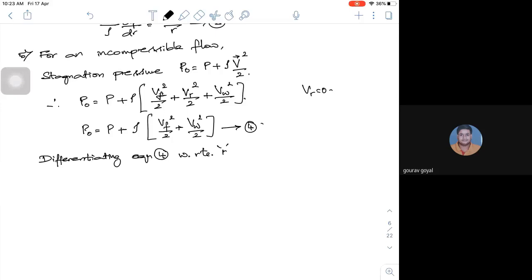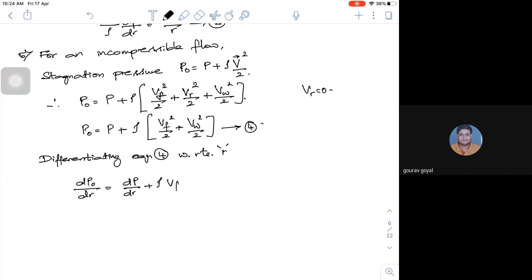So I can write it as dP naught by dr is equal to dP by dr plus rho into Vf into dVf by dr and rho into Vw into dVw by dr. So I can differentiate like that.